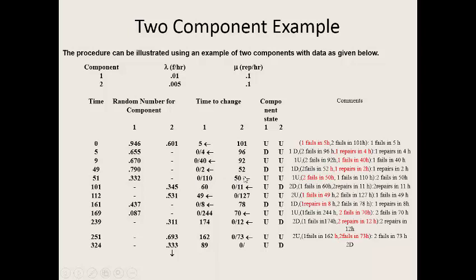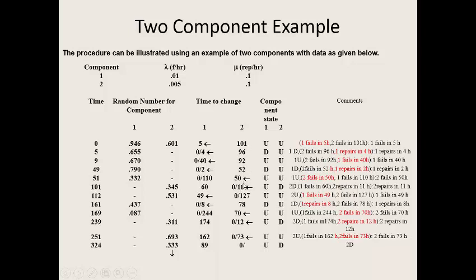So obviously this component will fail before that one. So after 50 hours, we advance to 101 hours. We subtract 50 hours from here, and we are left with 60 hours. This becomes 0, and then we draw a random number for this component and find out that it will be repaired in 11 hours.